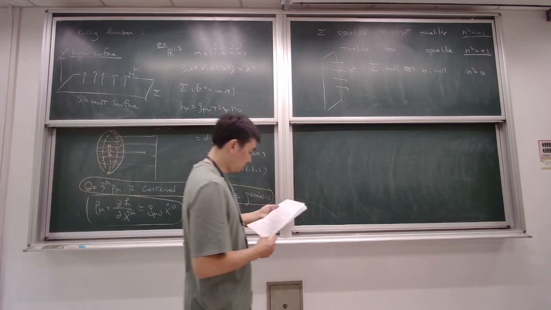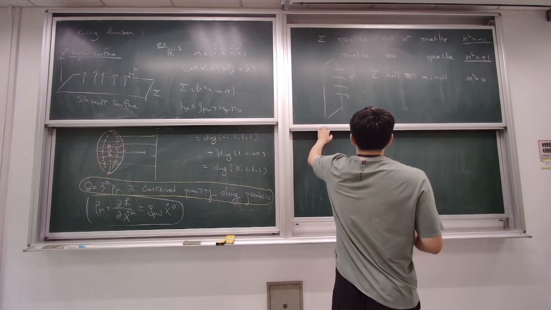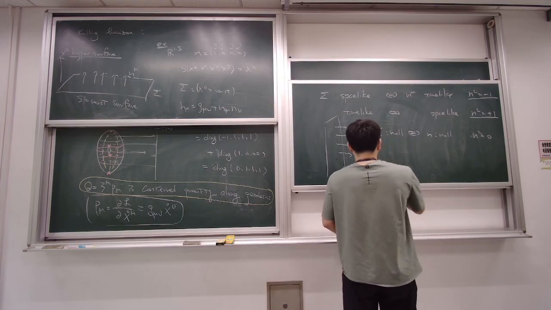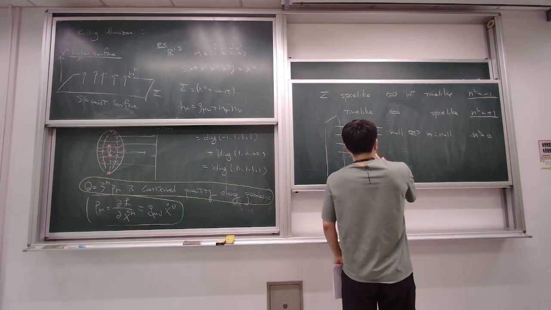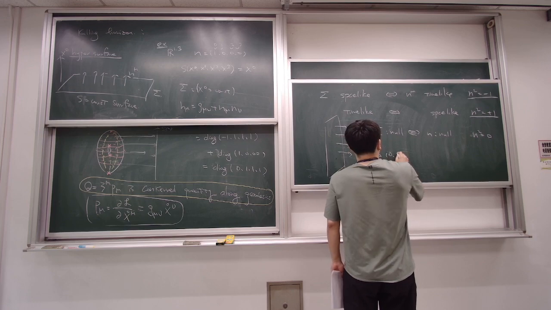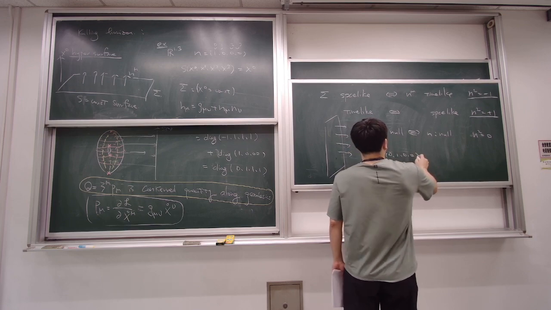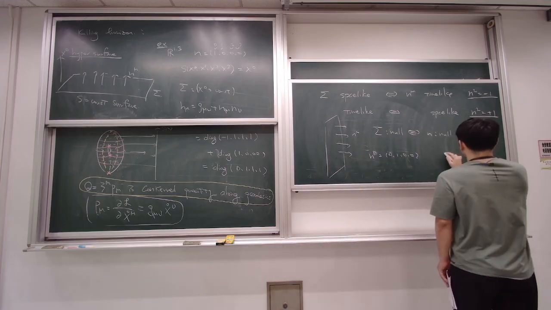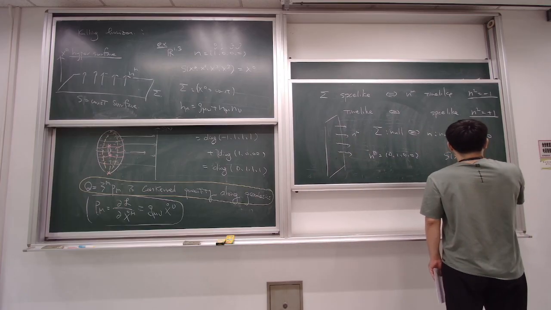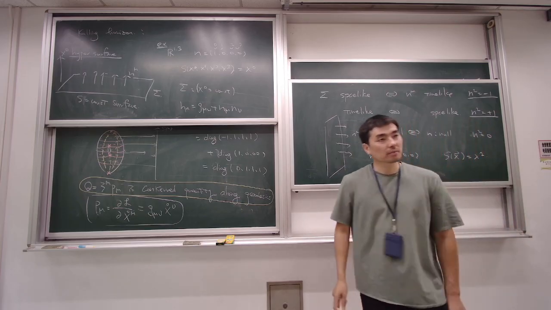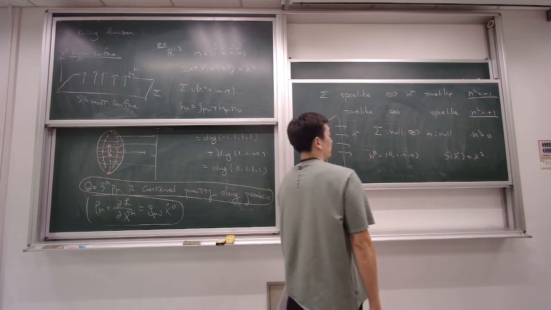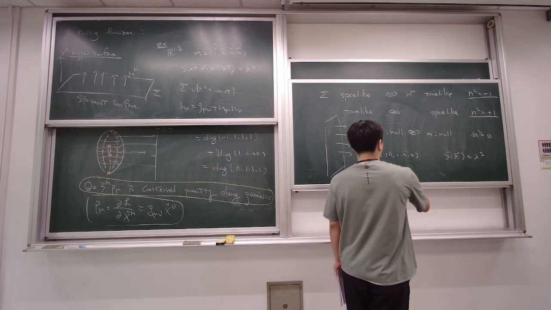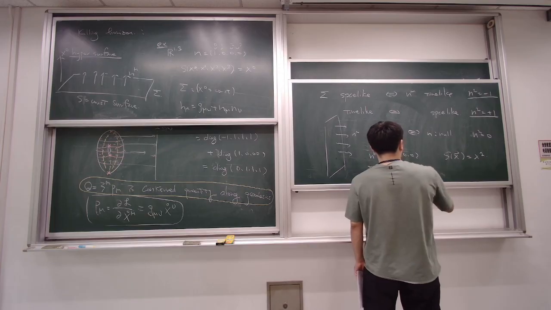And then of course, you can consider a time-like hypersurface, where n mu is something like (0, 1, 0, 0). Then S of x is x1, and the sigma is the x1 constant surface, like this.